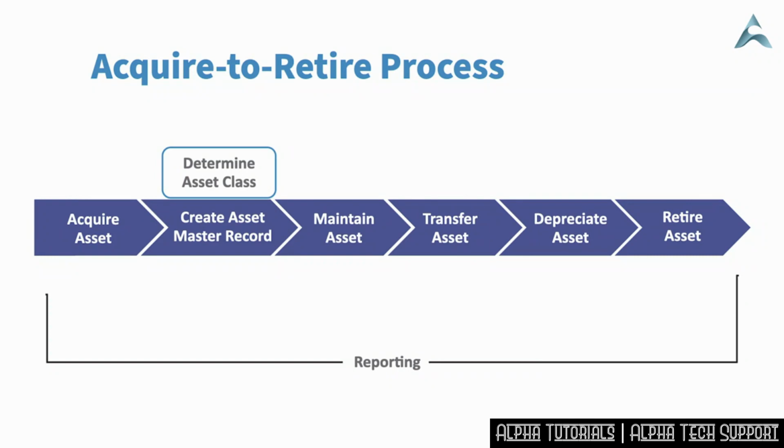From the buildings that house the offices and warehouses to the heavy-duty machinery that actually produce the goods that companies sell, fixed assets are integral to running most businesses successfully. Asset accounting in SAP enables us to acquire, manage, and value the fixed assets at our organization effectively and accurately.